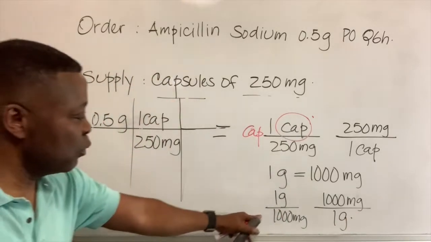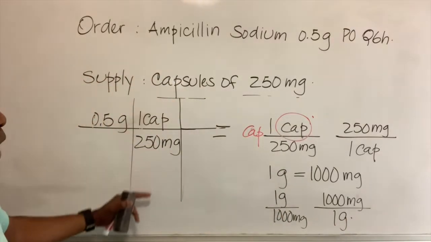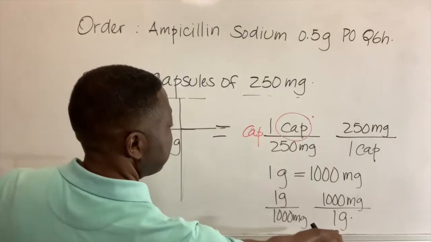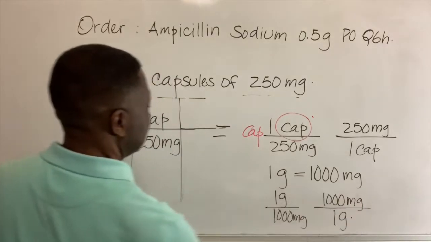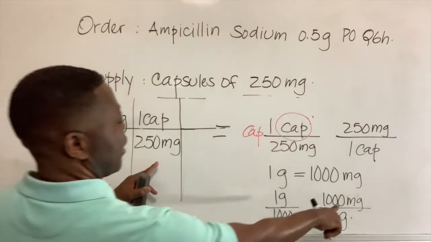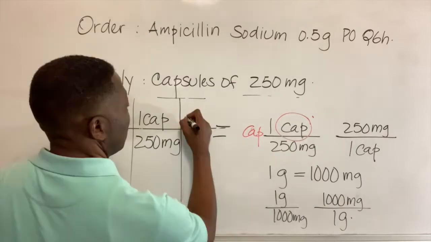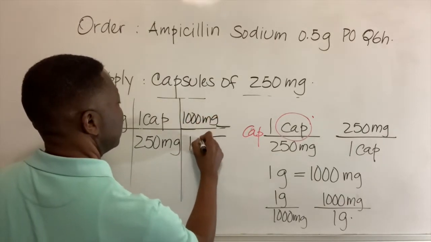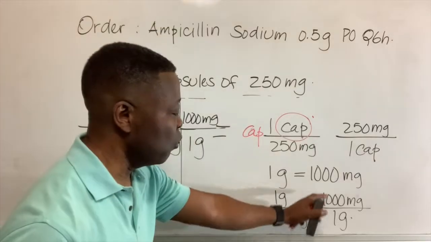Now, which of these two do I use? Which of these two will help me in my problem? It's the one that has the gram at the bottom and the milligram on top, because the gram at the bottom will cancel this, and the milligram on top will cancel this. 1,000 milligram over 1 gram. That's the one I use.